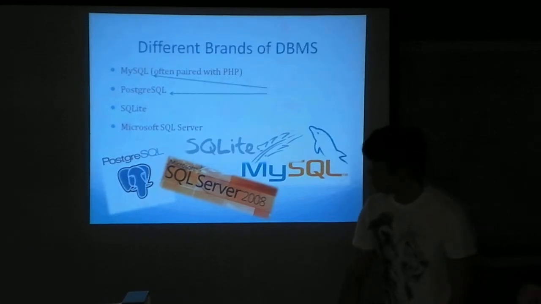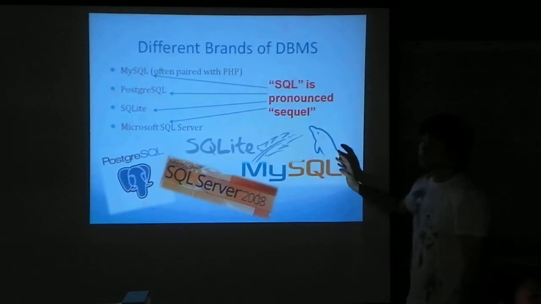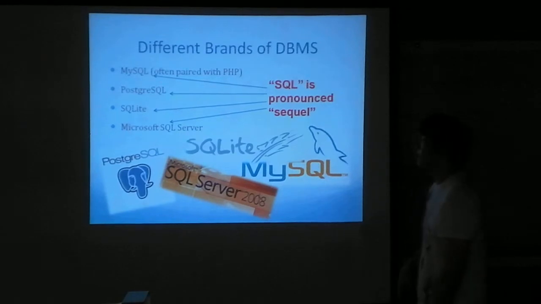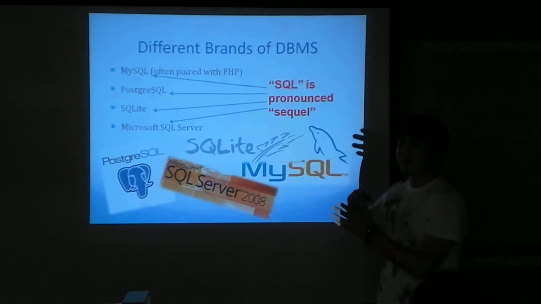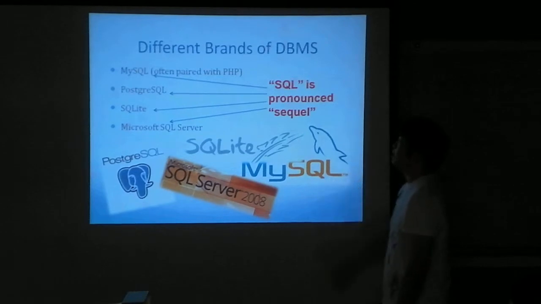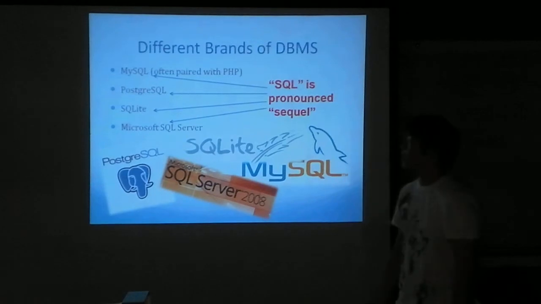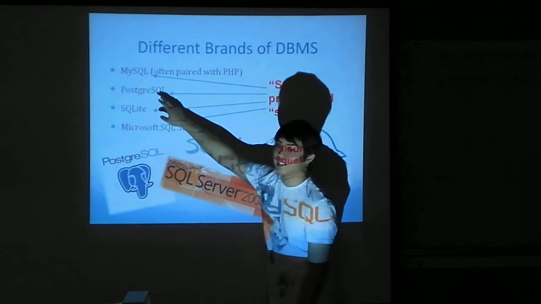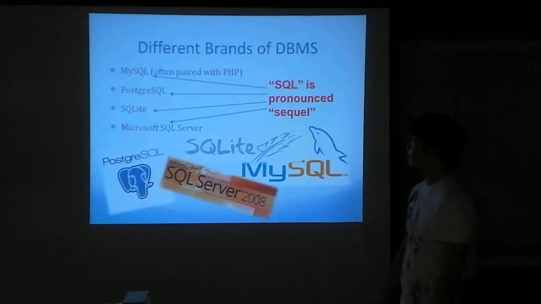Okay, so with relational databases, we actually have a lot of different types that you can use. Just like on the PHP side, there are a lot of alternative technologies you can use instead of PHP, the same thing goes with databases. So we have 4 of the most popular databases used on the web today. We start with MySQL, and then this one is pronounced Postgres, and then you have SQLite, and then Microsoft SQL Server.